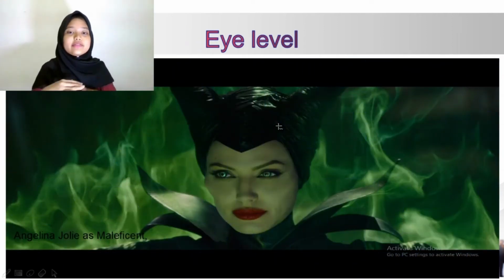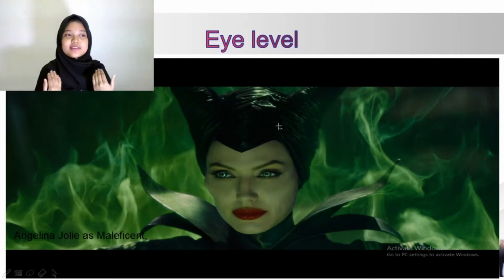So here, eye level will make the audience take part in the movie, to know the feeling of the character. Like if the character is sad, the audience will feel the same way, will have a sad feeling, and it's a good way to present the film.